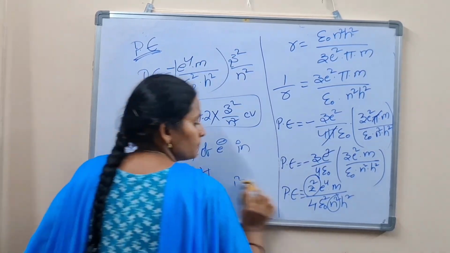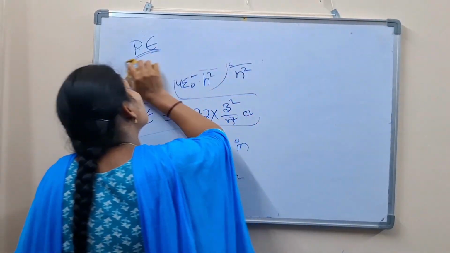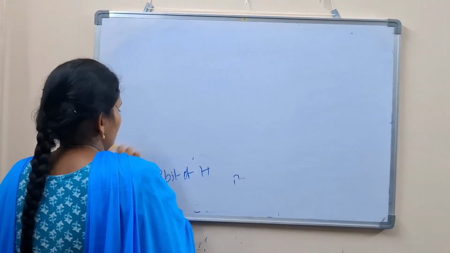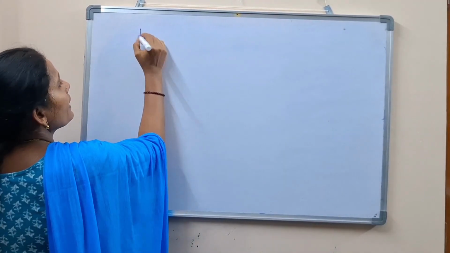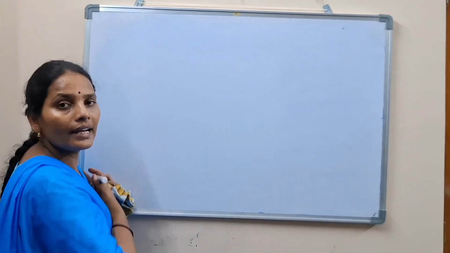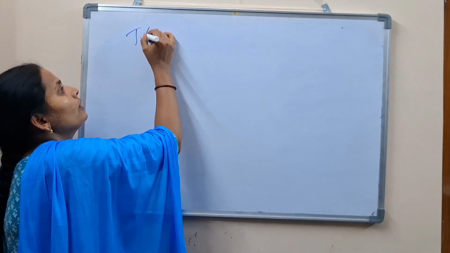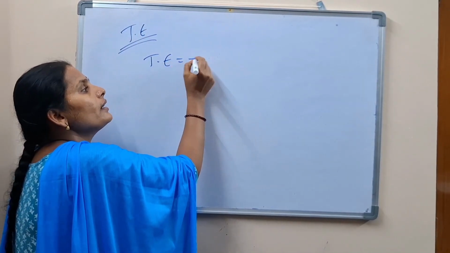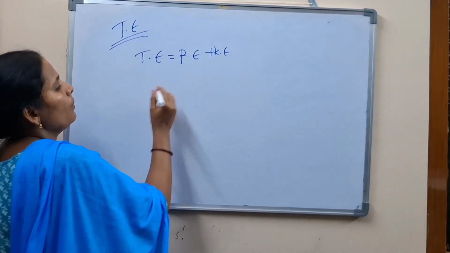Here, deriving the calculation for finding the total energy: total energy equal to nothing but potential energy plus kinetic energy.